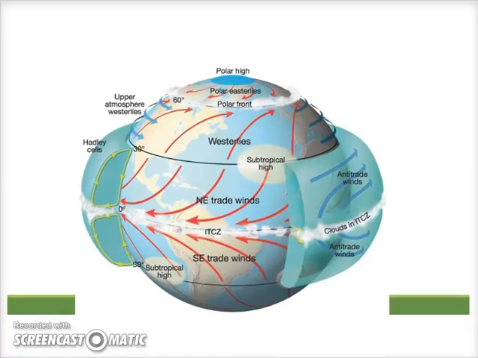Okay, let's move on to the zonal wind belts. The pattern of global winds at the surface is arranged in three zonal west-to-east belts in each hemisphere. There are the easterly trade winds in the tropics, separated from the mid-latitude westerlies by the subtropical high-pressure belt.